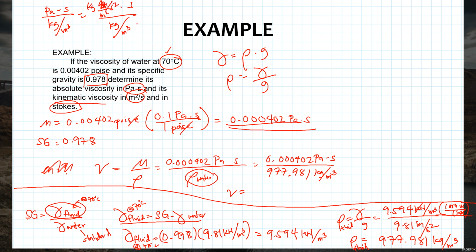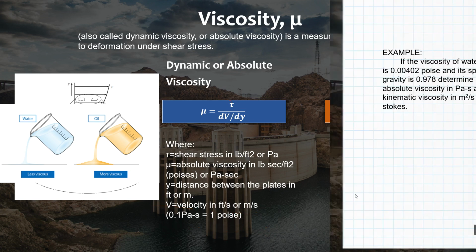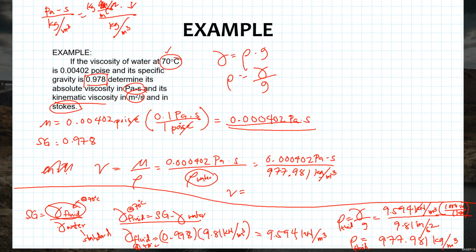So the units will cancel out, and the unit that remains will be meters squared per second.